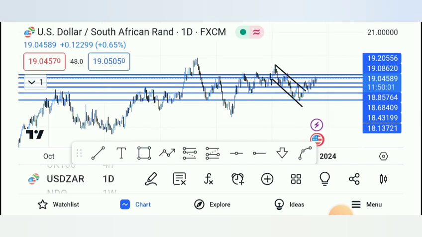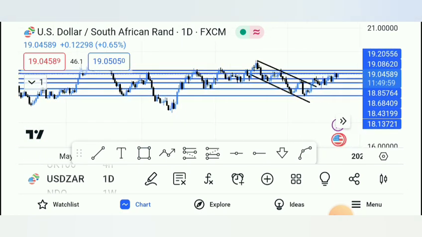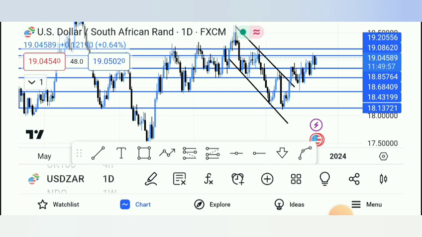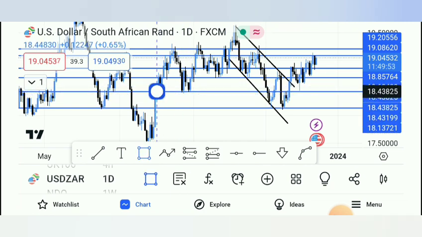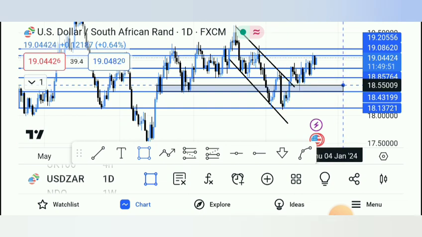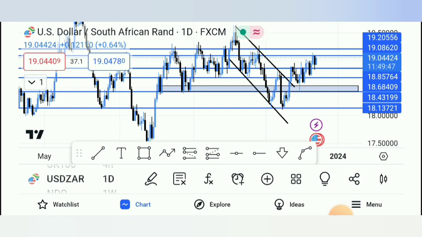What I saw is that the market was on a buy zone. The market was bearish, as you can see.